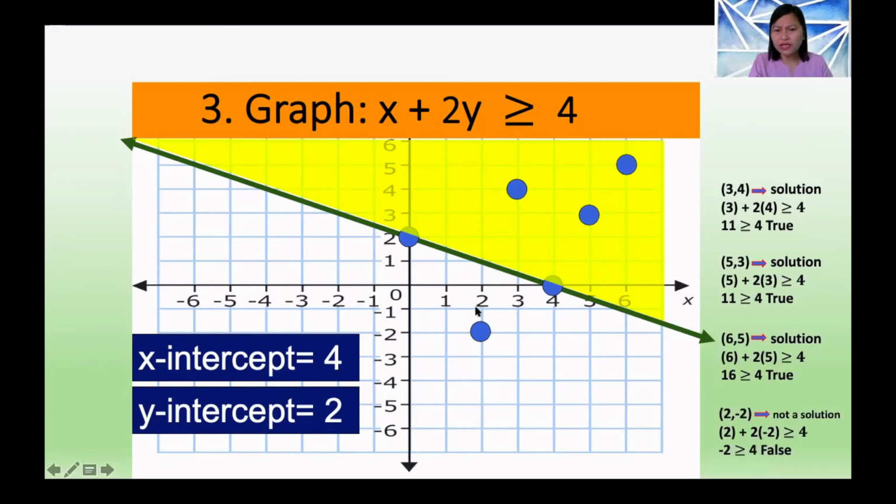What about 2, negative 2? Since it is not on the shaded part, 2, negative 2 is not a solution. To check, if you substitute the coordinates of the ordered pair 2, negative 2 in the inequality, we will obtain a false statement.